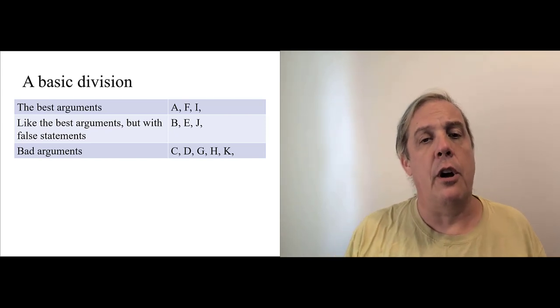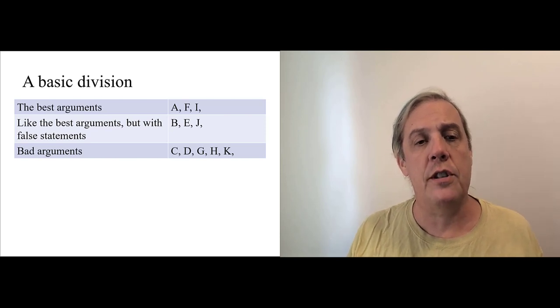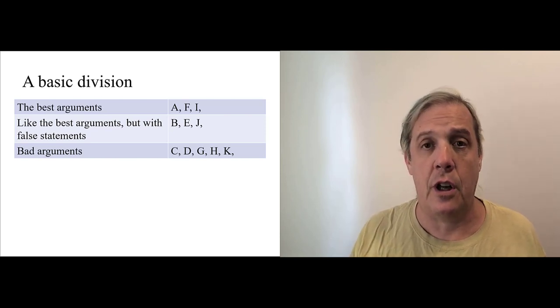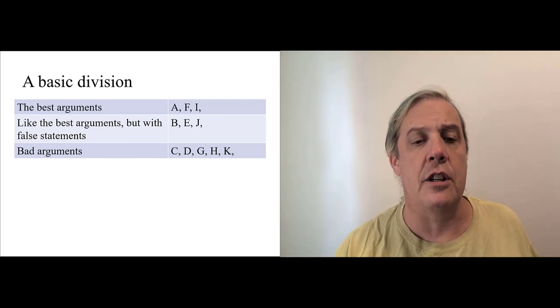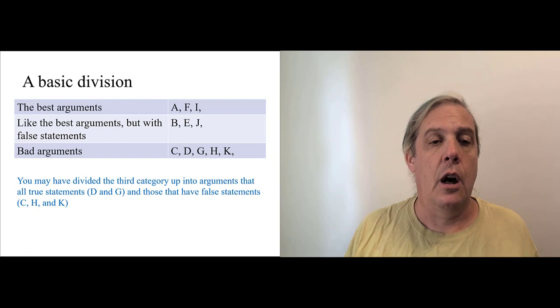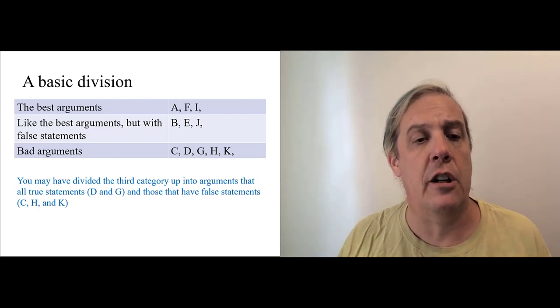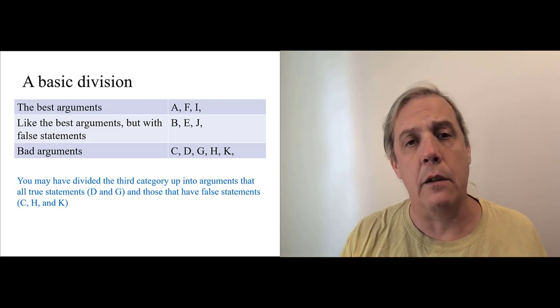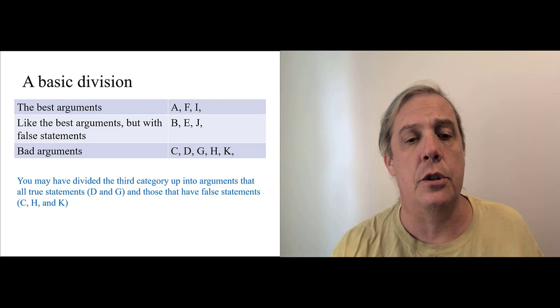There are the arguments that are like the best arguments, but contain false statements, false premises, and generally these were silly premises. And then there were arguments that just didn't work at all, right? That latter category we could divide further into arguments that had bad inferences and arguments that had false premises, but we're not going to do that.